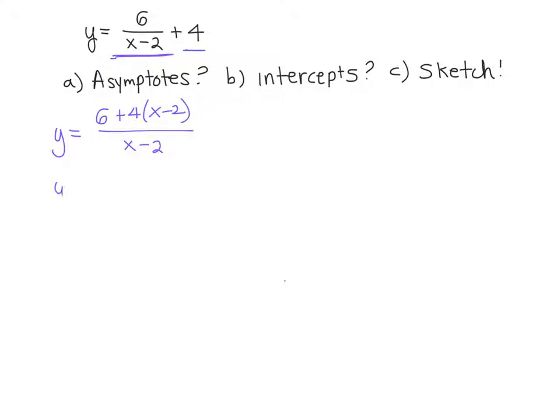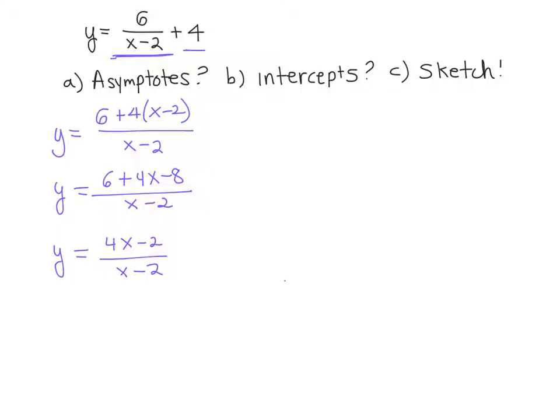Simplifying, we have y is equal to 6 plus 4x minus 8 all over x minus 2. One more time, y is equal to 4x minus 2 over x minus 2.